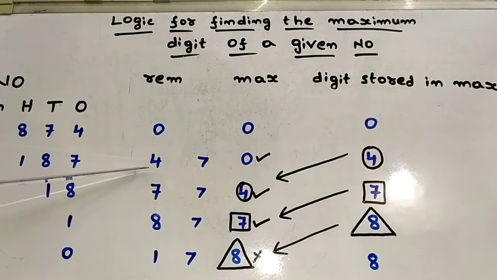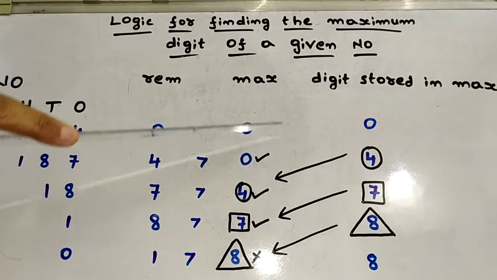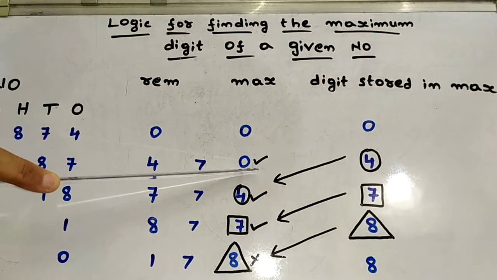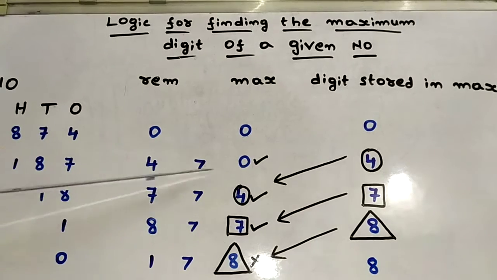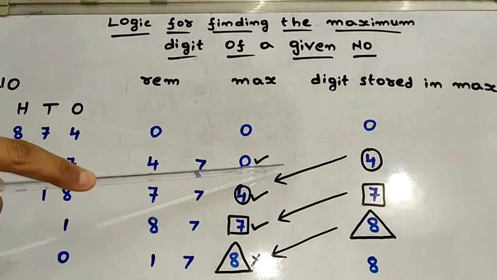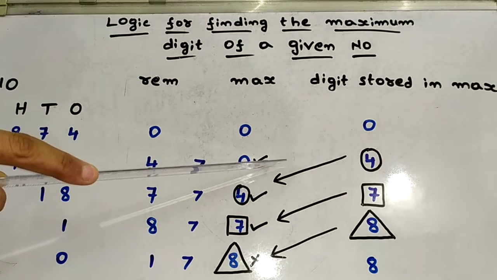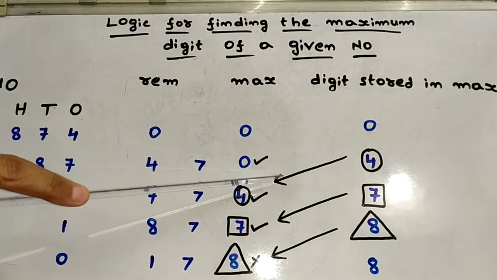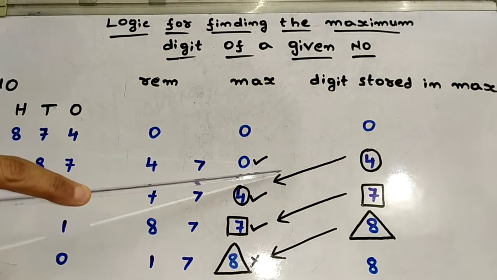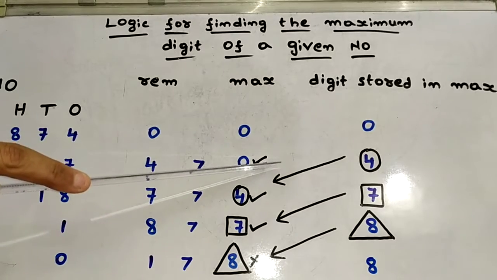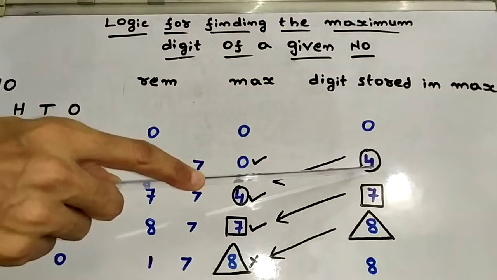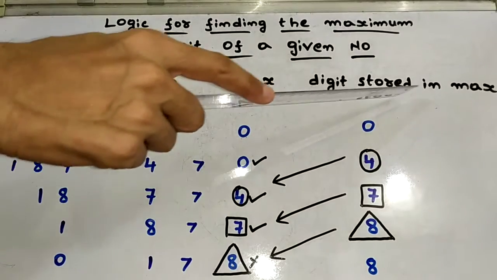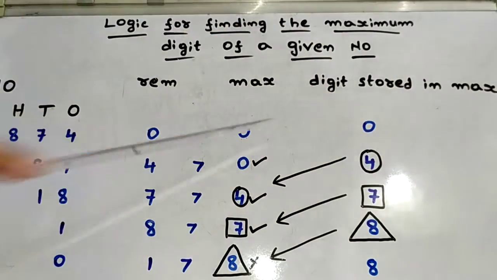Now REM value is equal to 4, but max already consists of 0. The comparison is made between 4 and 0. 4 greater than 0 is true. Because it is true, a tick mark is made. That means because 4 is greater, that greater value 4 is finally stored within the max variable.